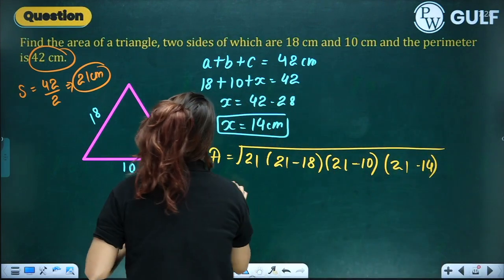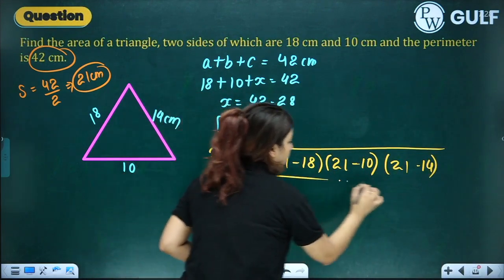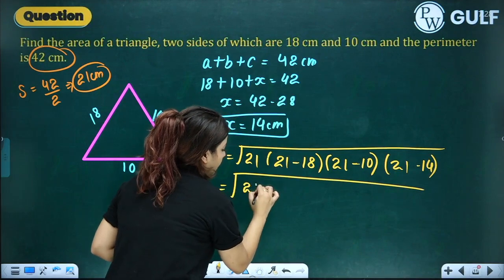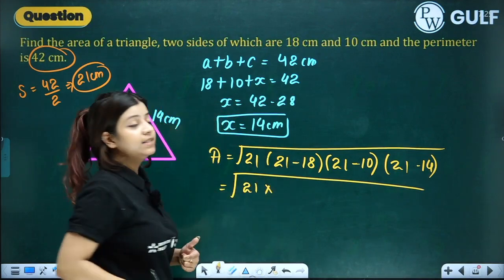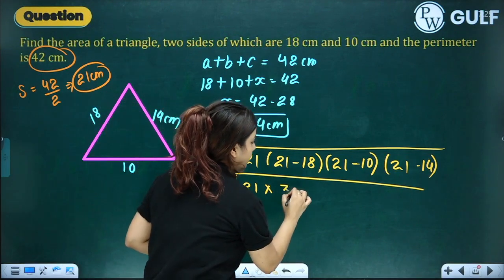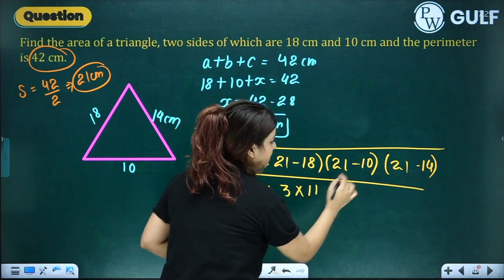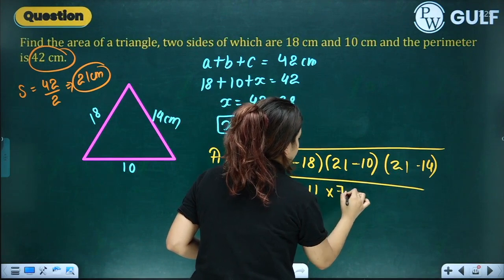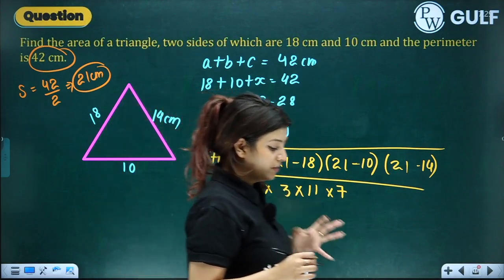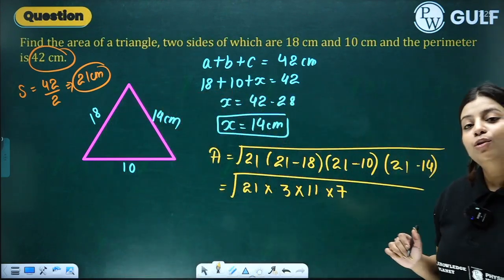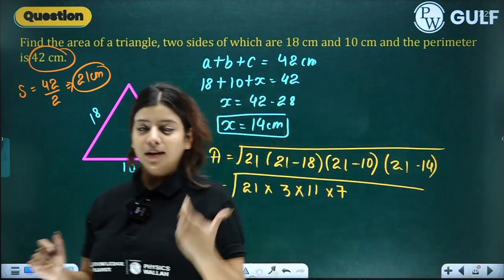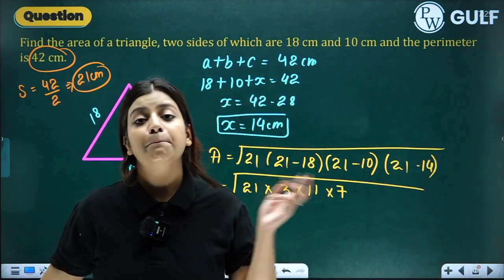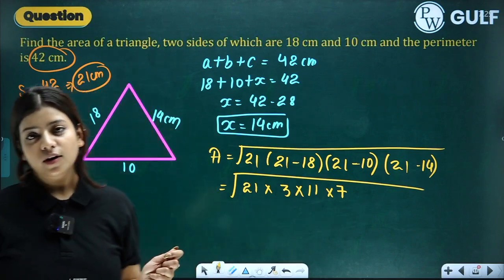Now what we have over here is under root of 21. Right? 21 minus 18 will simply give us 3. 21 minus 10 will simply give us 11. And 21 minus 14 will simply give us 7. Now we have to look for ways to split a number into 2 such parts where they can pair up and come out of the under root.